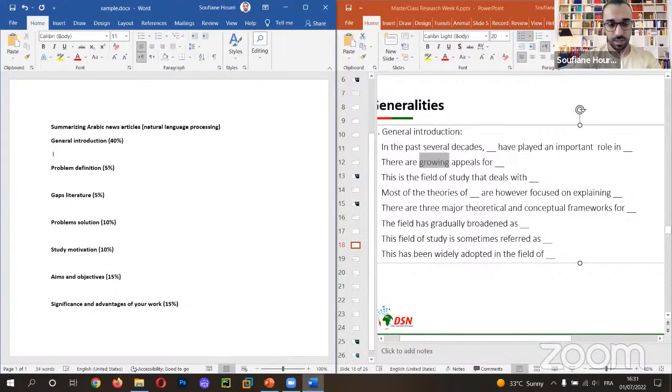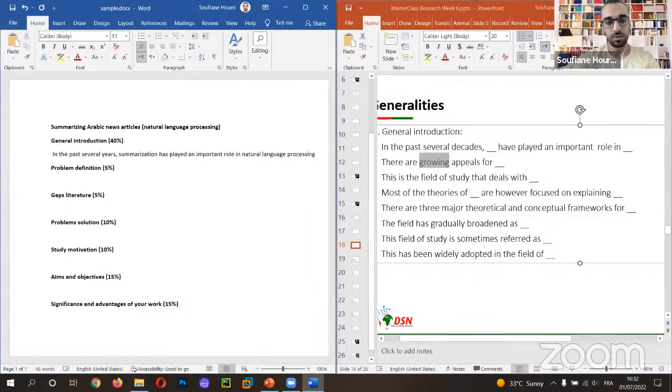Okay, for example, in the past, let's say just several years. Okay, so I'm going to talk about summarization. Summarization, let's say, is a subfield of natural language processing. Okay, for example, summarization has played an important role in natural language processing.